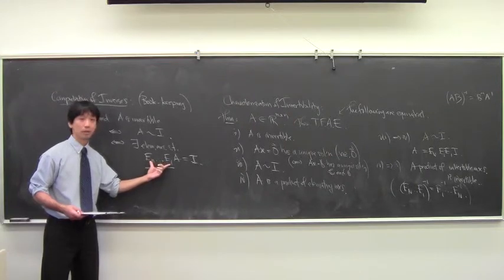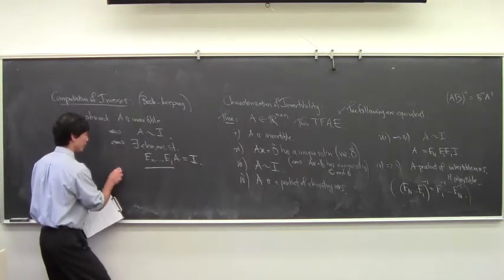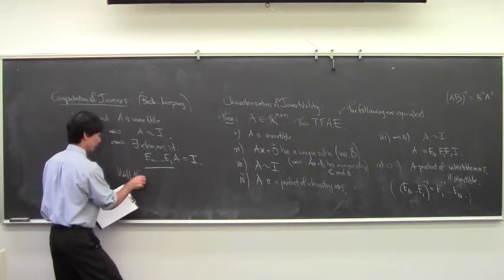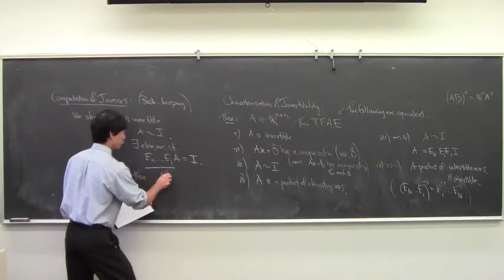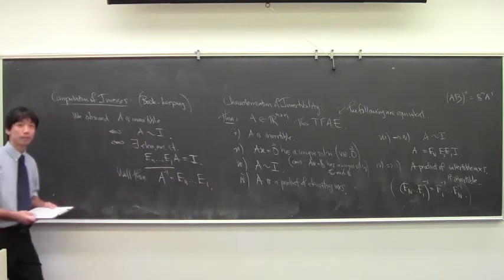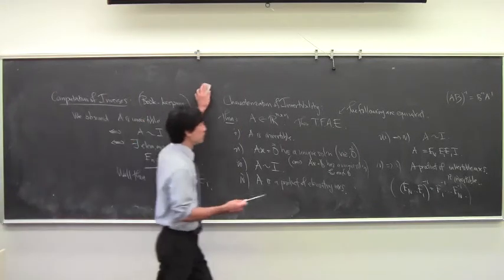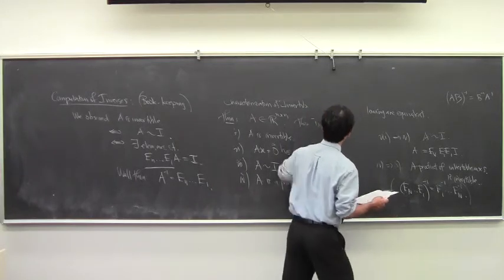This is it right here. Well then, in that case, A inverse is exactly this En through E1. So that suggests a way of calculating the inverse.